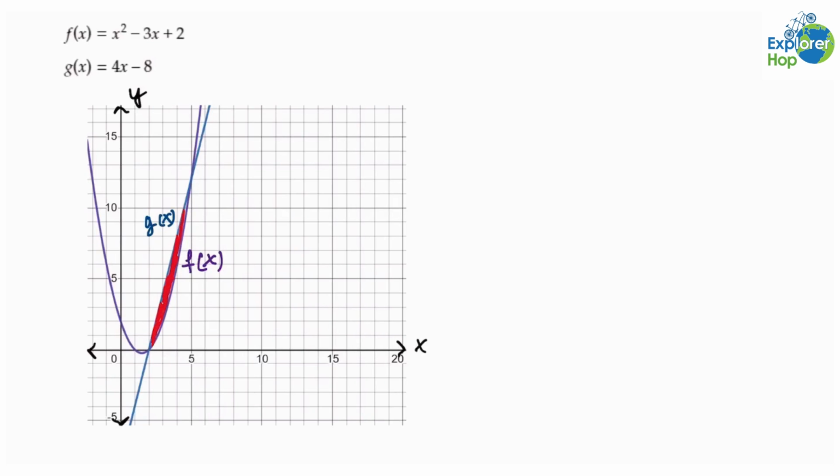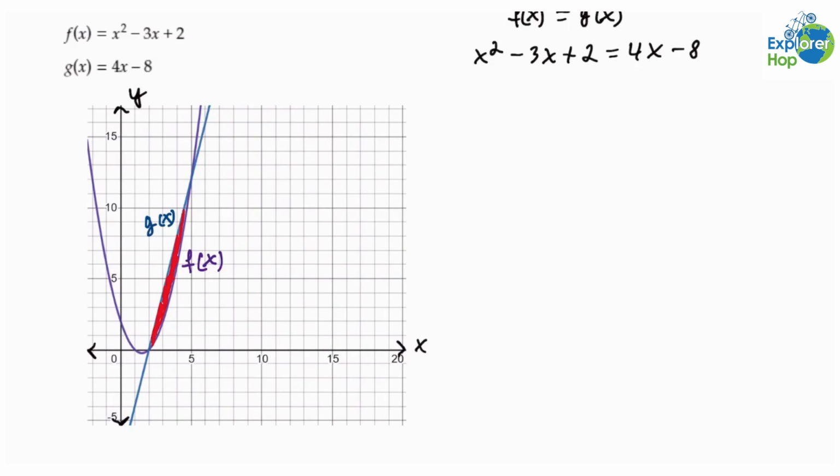Now, in order to determine the interval we are going to integrate over, we need to find the points of intersections of these two functions. And we can do this by setting the two functions equal to each other. So we set f of x equal to g of x, which means that x squared minus 3x plus 2 is equal to 4x minus 8.